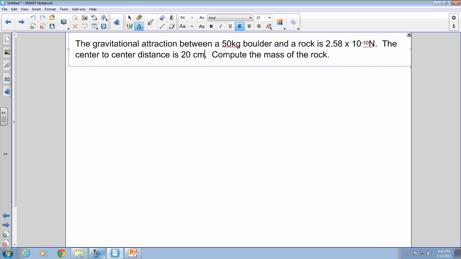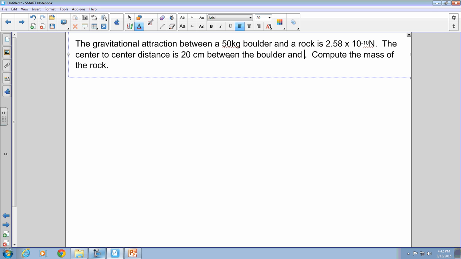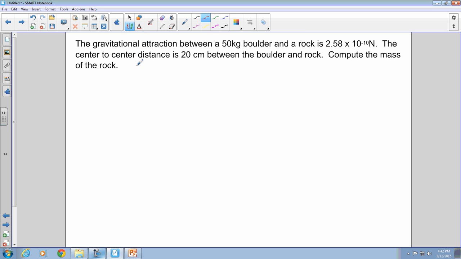Center to center distance is 20 centimeters between the boulder and rock. So we can figure this out because we have the gravitational attraction, the force of gravity, that's equal to 2.58 times 10 to the negative 10th. And we have the mass of the boulder. We're trying to figure out the mass of the rock.